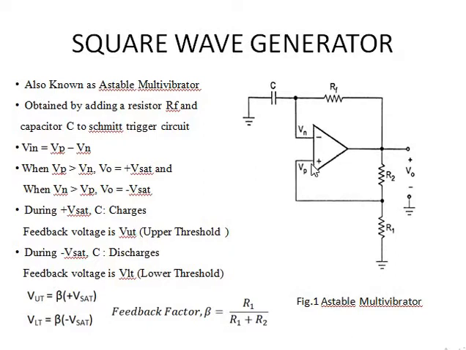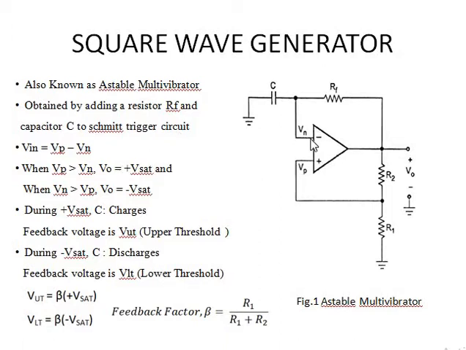Now, the input to the op amp present in the circuit is Vin, which is the difference between the input available to the inverting as well as non-inverting terminal. That is, Vin is given by Vp minus Vn. Now, when the input to the non-inverting terminal, or Vp, is greater than input to the inverting terminal, that is Vn, then the output will switch to its positive stable state, that is positive Vsat.